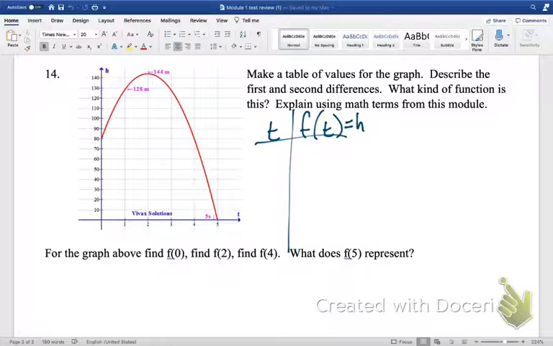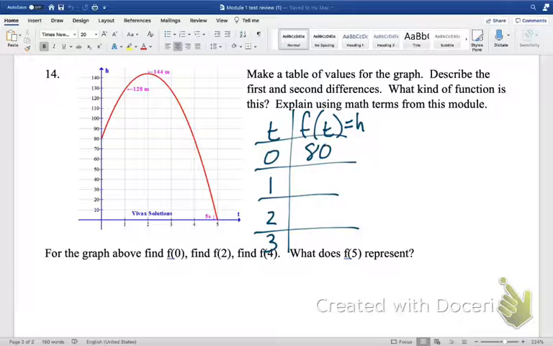So the time can be 0, 1, 2, possibly 3 seconds. And at 0 seconds, we can say that it looks pretty close to 80 meters off the ground. 1 second, table says it's 128 meters off the ground. 2 seconds, 144 meters off the ground.